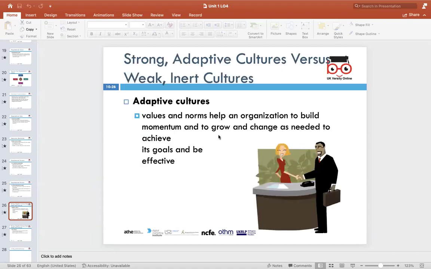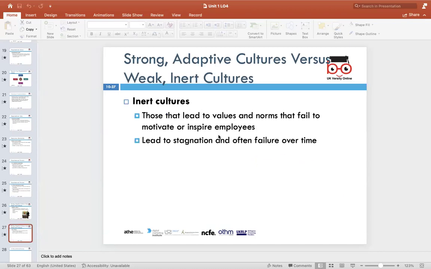Now you have strong adaptive versus weak and inert cultures. An adaptive culture is basically one where you are adapting to the changes and the growth happening in the organization. You're making changes to your organization structure based on how well you're growing and on external factors as well. So you're adapting to the needs of the organization. That is basically an adaptive organization culture.